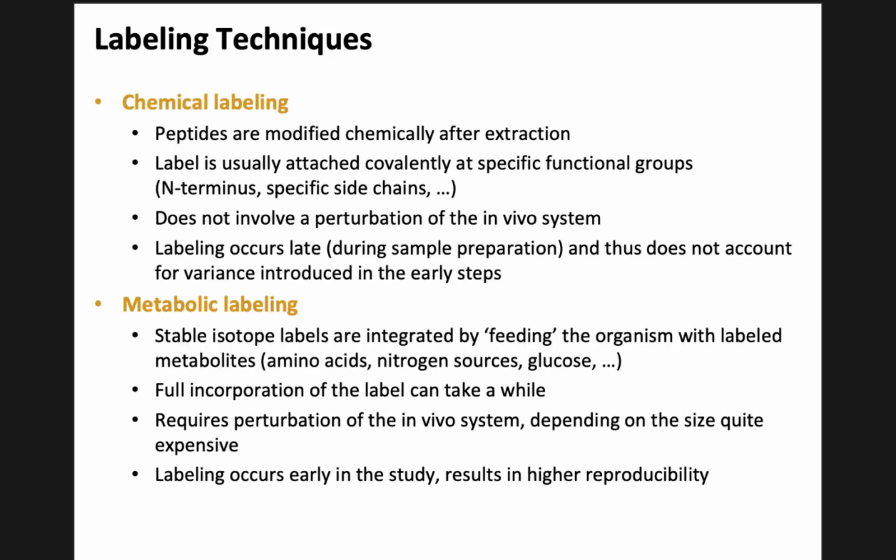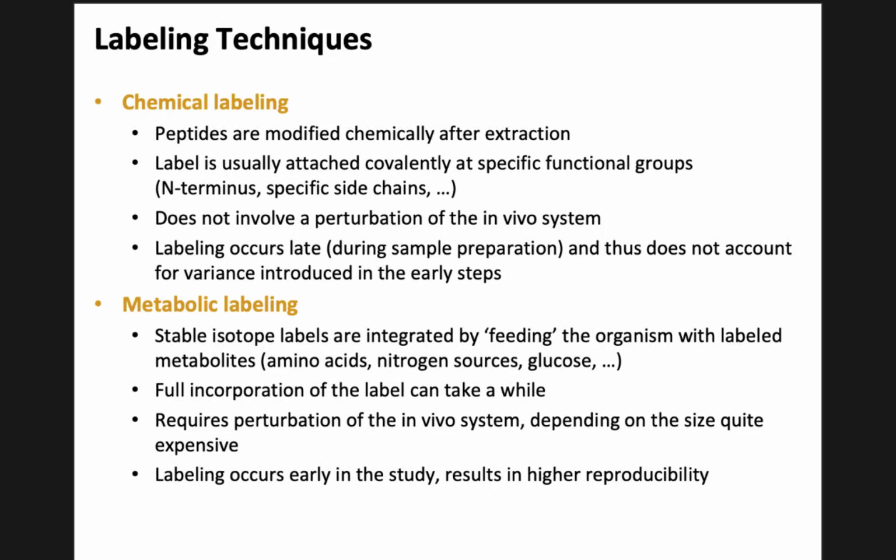So there are fundamentally two chemical ways to introduce these labels. One is called chemical labeling, where the peptides are modified chemically after extraction, and that can be done with clinical samples as well. The label must be attached covalently to a specific functional group, and that can be the N-terminus or specific amino acid side chains.